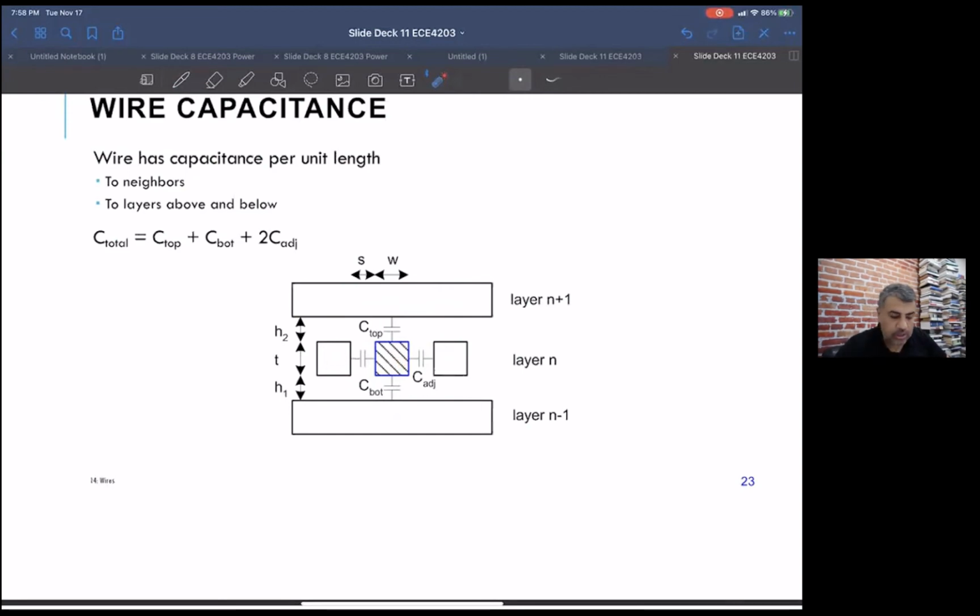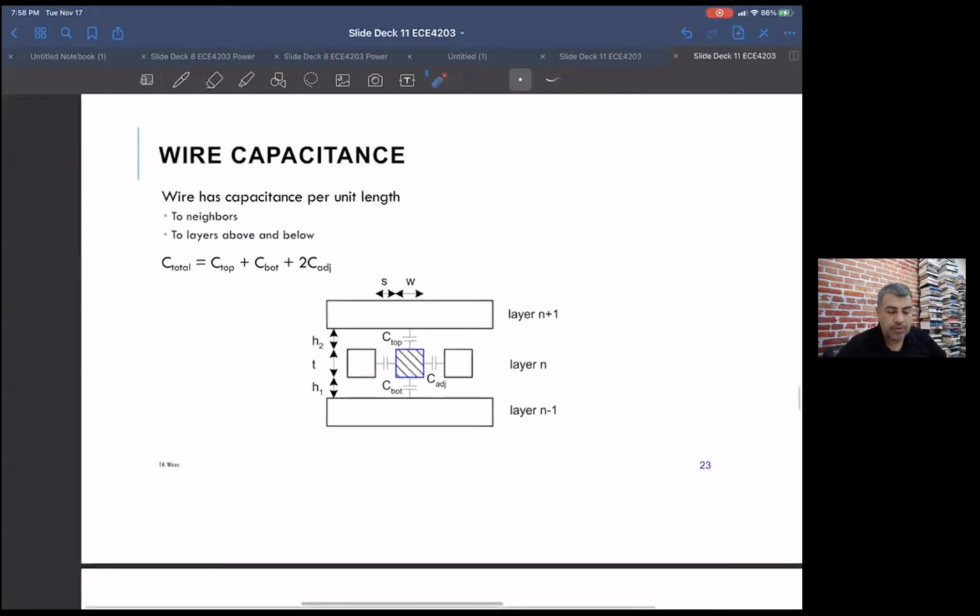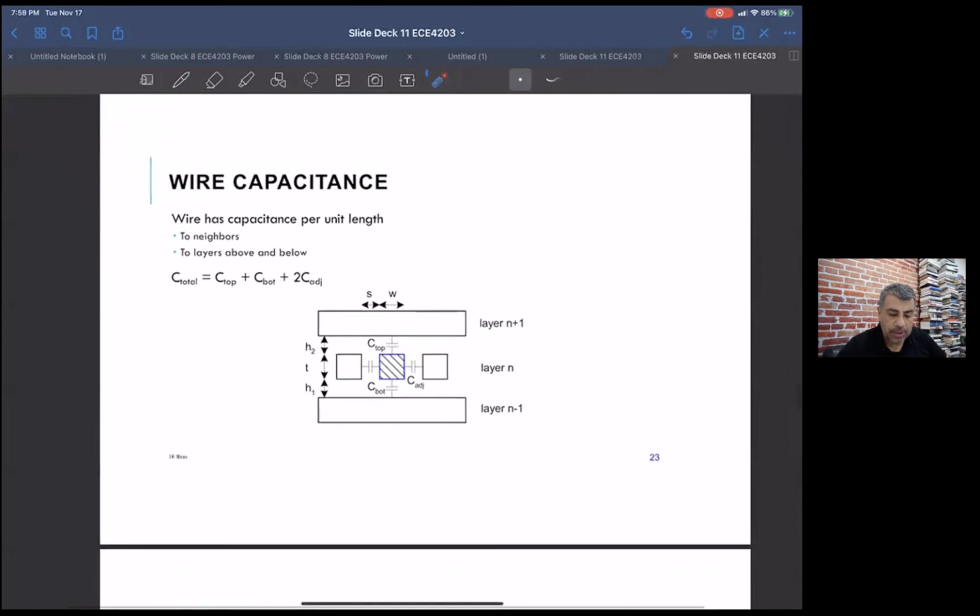Every new piece of metal you add to this picture is affecting the rest of your capacitances and the overall electric field. But if you consider all that, it's too complicated.